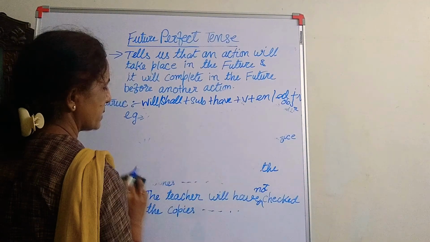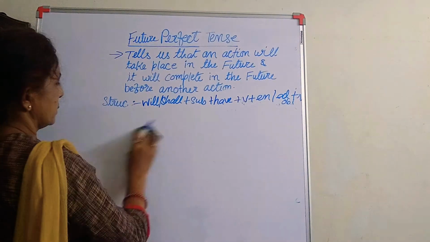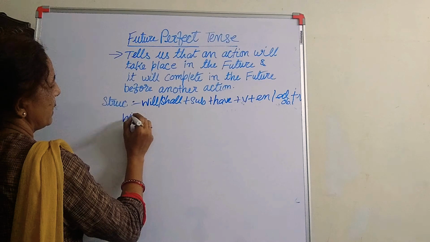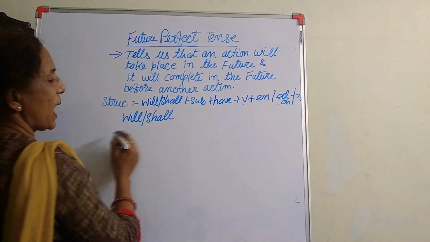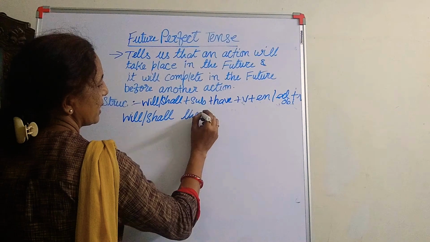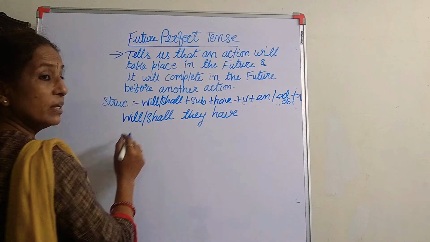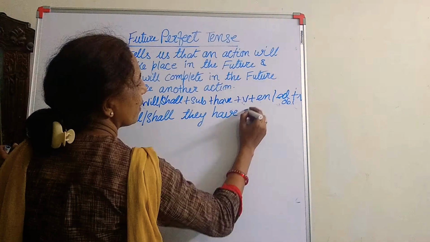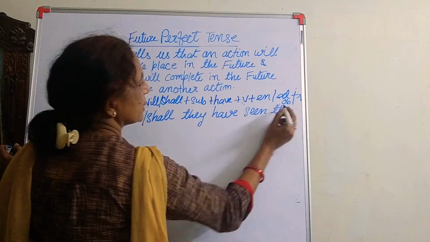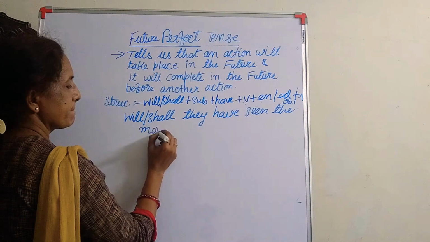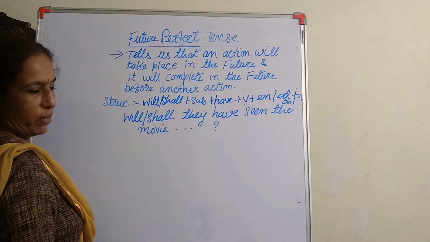I'll give you some other examples. Will or shall, whatever you take. Shall we or shall they have, sorry, not shall, will they have seen the movie by 10, by 5, whatever?